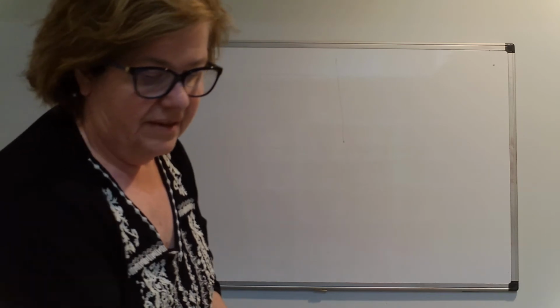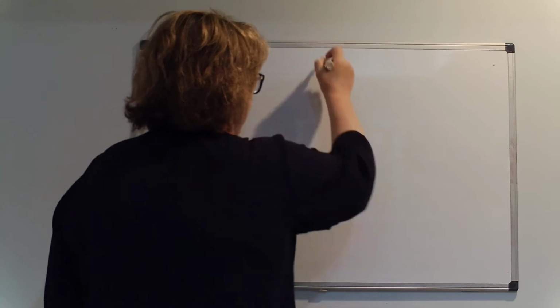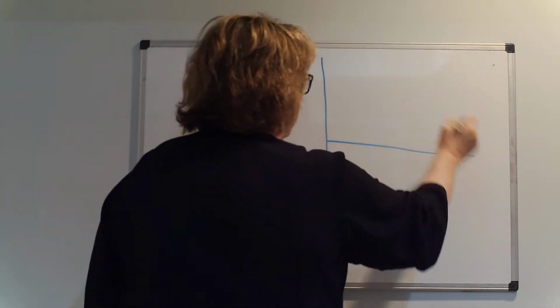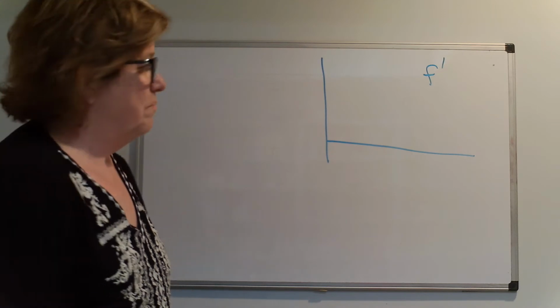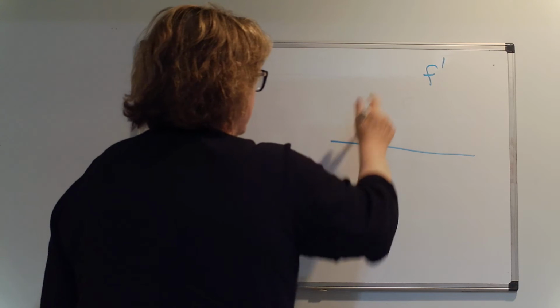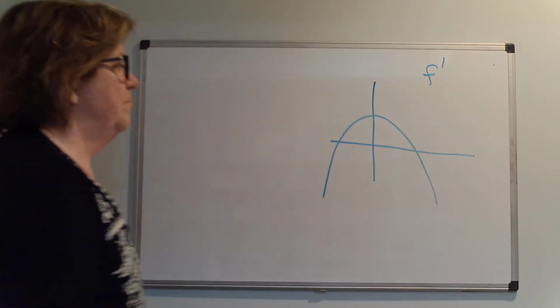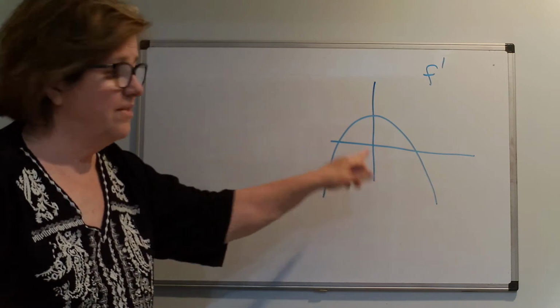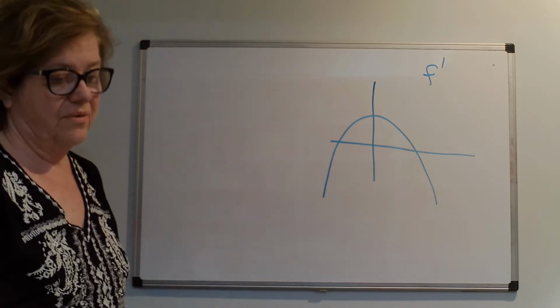So let's say I'm given a graph of the derivative, not the original function, but the derivative of the function. What if I'm given that and I say that's not a picture of the function, that's a picture of the derivative?